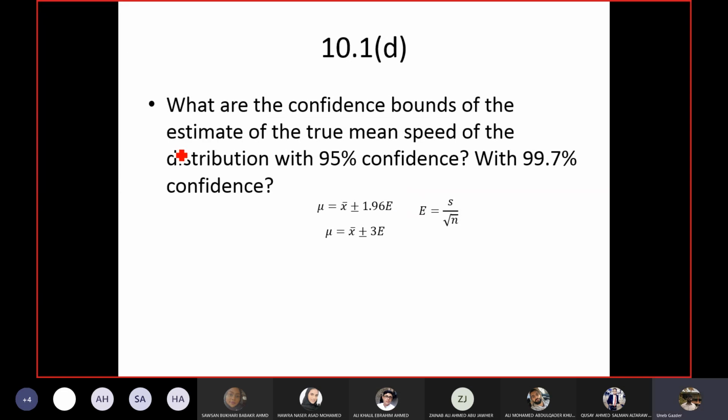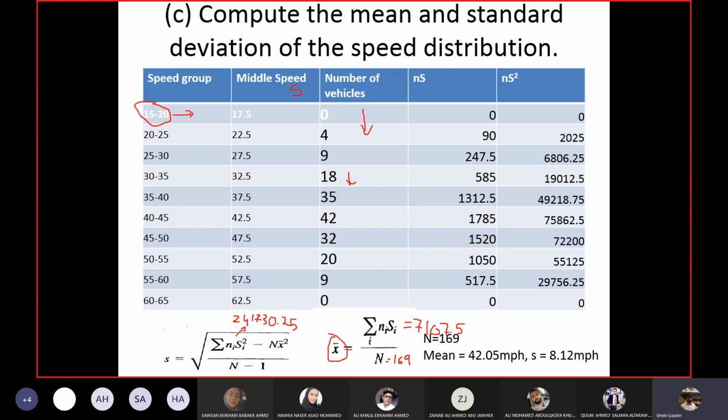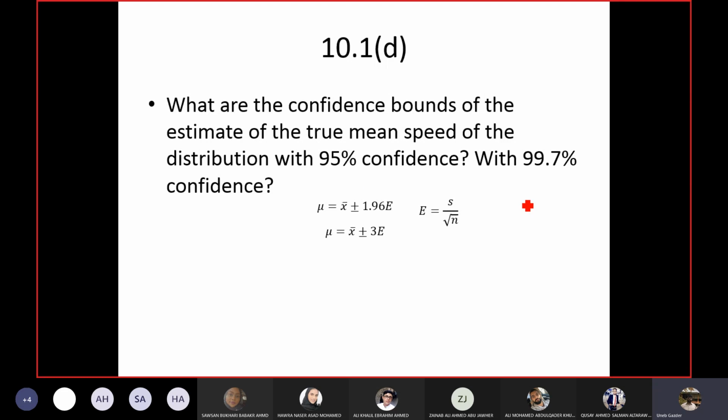So S is 8.12, and n is 169. When you calculate it, it comes out to be 0.624. x bar we already know, 42.05, and these are the confidence intervals.